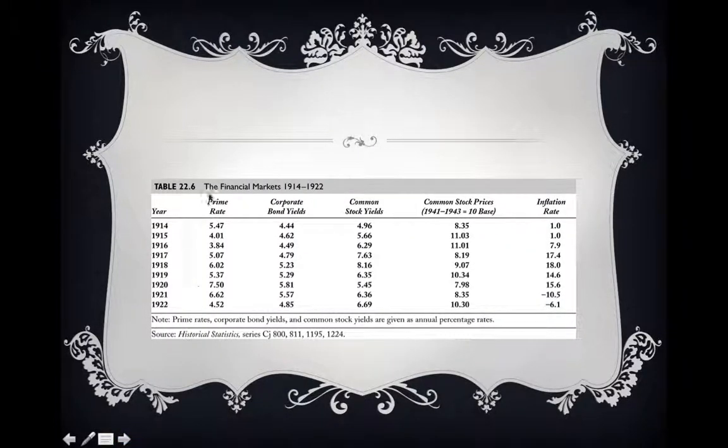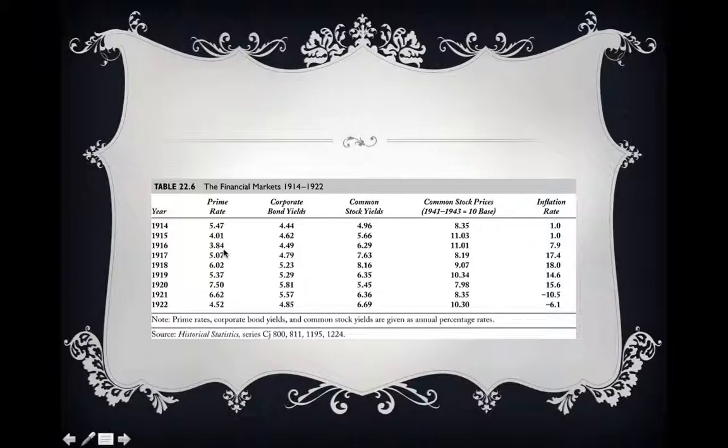Here, I just want you to be aware of what happened with interest rates, and this is interesting to me, particularly. It's sort of counterintuitive why interest rates, particularly the prime interest rate, would fall at the beginning here. And the explanation for this is that the wartime economy really didn't kick in with the United States until 1917.